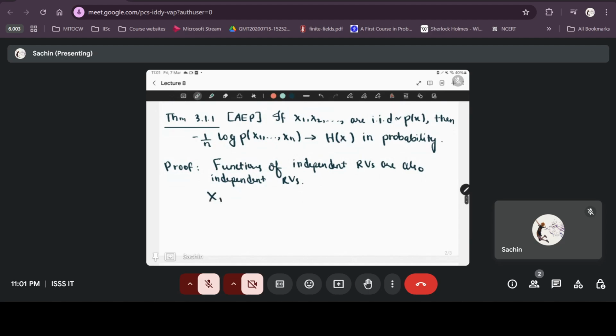So xi is IID. P of xi is also a random variable, since it's a function of xi. Log of P of xi is also a function of xi. Since xi is IID, log of P of xi is also IID.